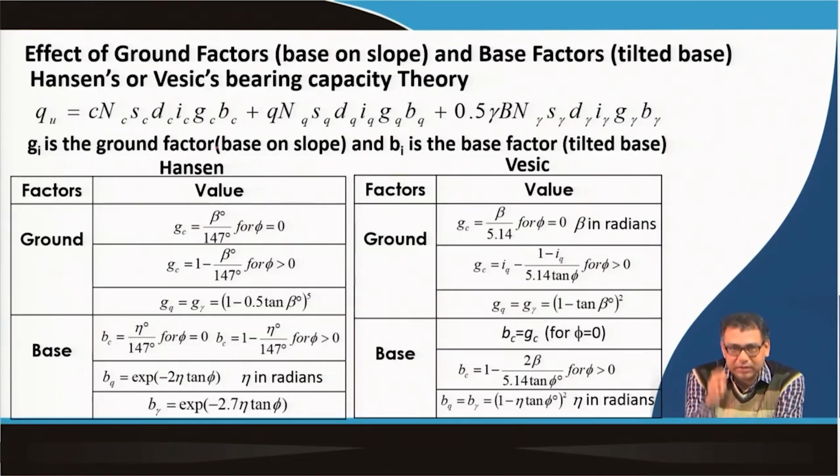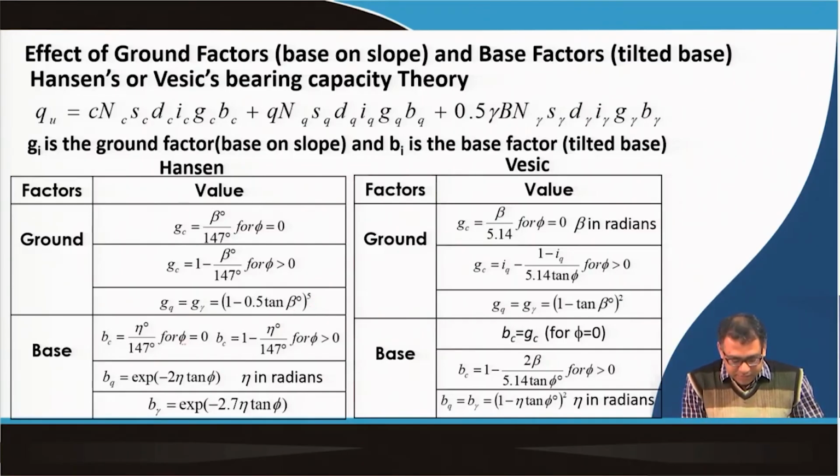The base factor and ground factor are proposed by Hansen and Basic's bearing capacity theories. Now, how can I get the ground factor and the base factor? This is the Gc expression, where beta is the slope angle, and this is 147, these are all in degrees, if phi equal to 0. Gc can be determined by using this equation if phi is greater than 0, and Gq and G gamma can be determined by using these equations for any phi value.